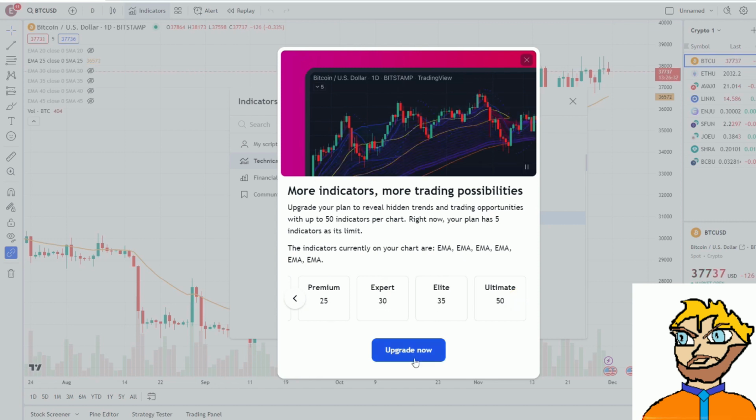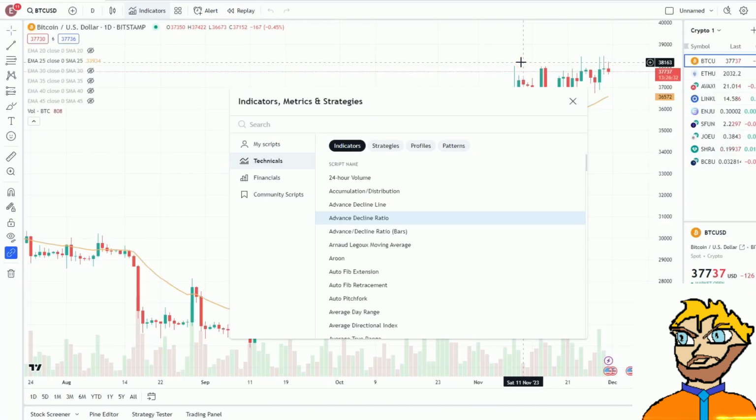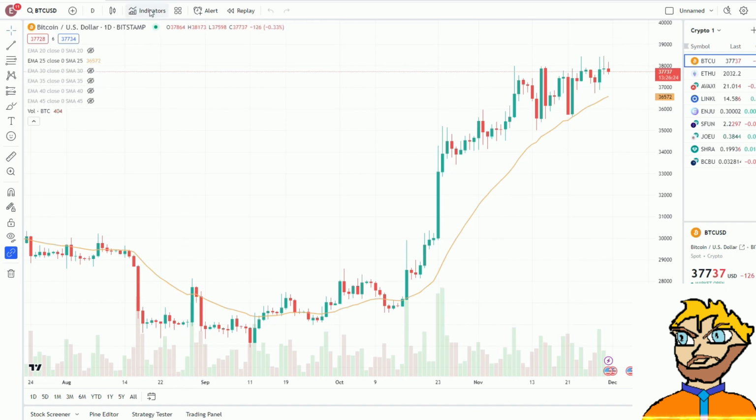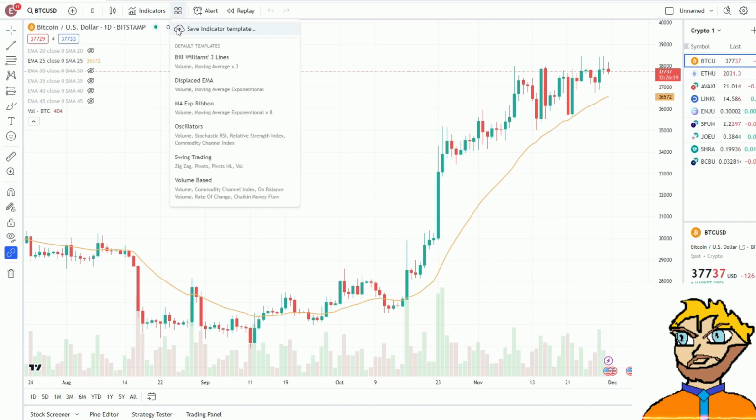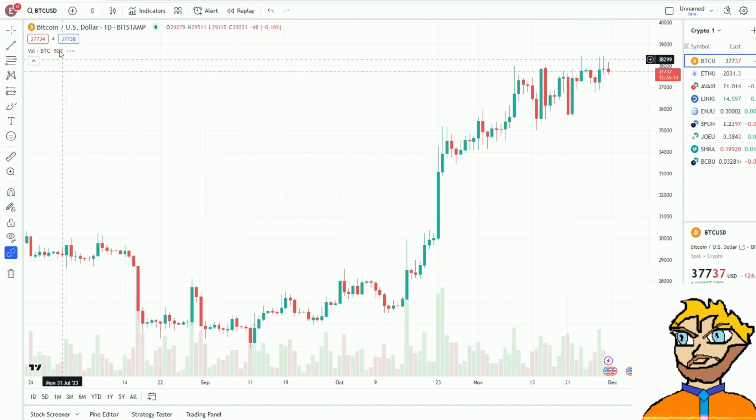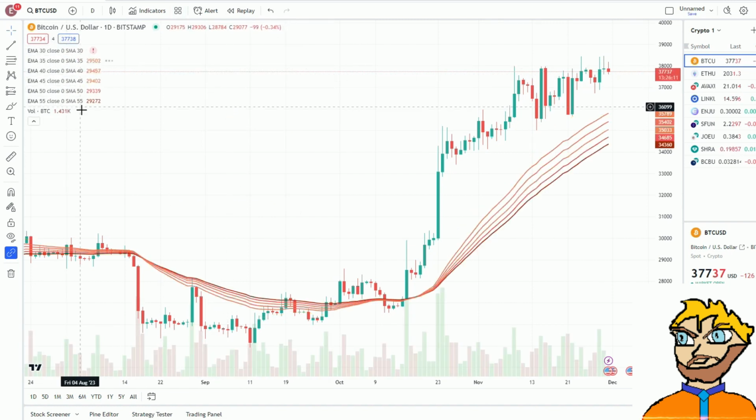They want you to upgrade because you can't access these. But these functions are already in a preset. So instead of doing this, you click on the 4 boxes here, Indicator Templates, and then go down to MA Ribbon, and you will see these pop up here, EMA 20 all the way to 55. That's SMA and EMA, but we will just focus on the EMA, the exponential moving average.